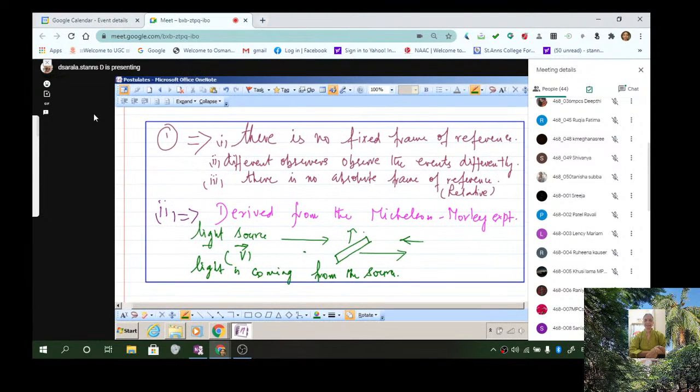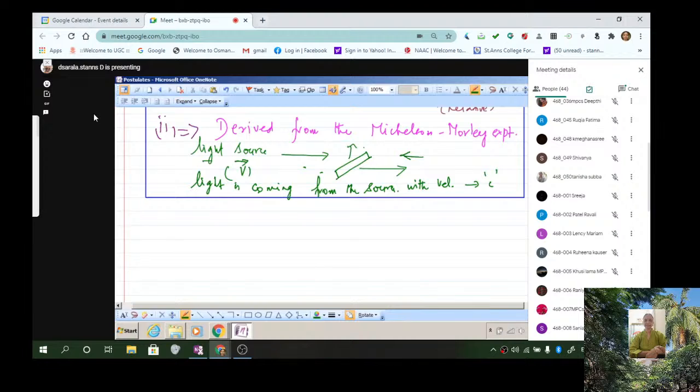But the light is traveling with a velocity given by c. This is what it means. Light is coming, but it is traveling with the velocity of light. So far so good.